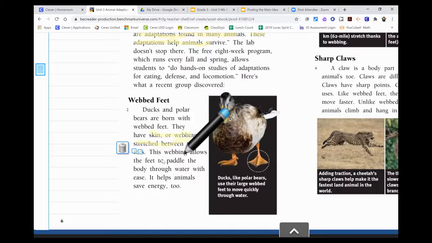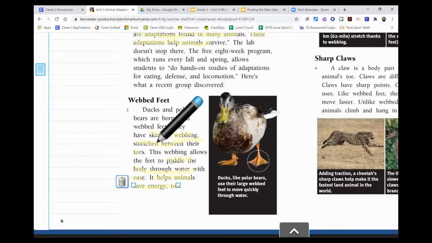Well, they use it to paddle through water with ease. This makes it easy for them to paddle, to swim. And why is this useful? Well, it helps them save energy. Since they spend a lot of their time in the water, they need this tool so that they don't get tired in the water. Because if you've ever gone swimming, you know swimming is tiring after a while, right?